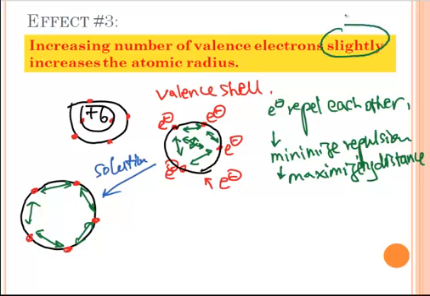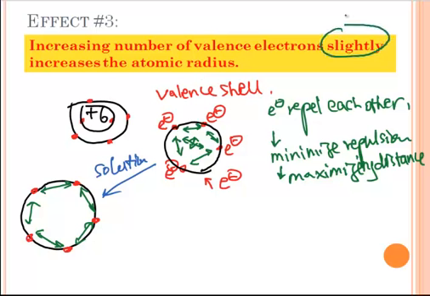One more example. Let's take a look at chlorine. Remember the octet rule? Chlorine goes to chloride by gaining an electron.